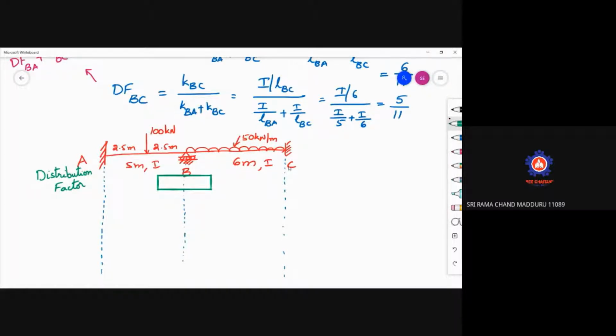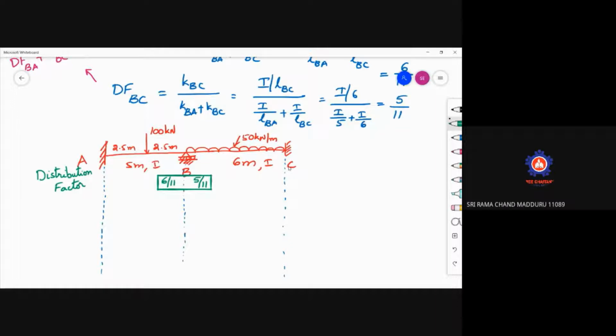Corresponding to BA, the value is 6 by 11, whereas corresponding to BC, the distribution factor value is 5 by 11. And you need not write at A as well as at C, the value will be 1 only. There is no other member, only AB is there at support A, and at support C, CB is there. So obviously the value is 1 only, that's it.